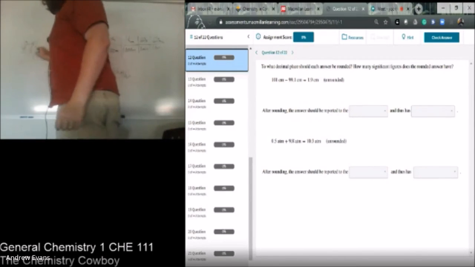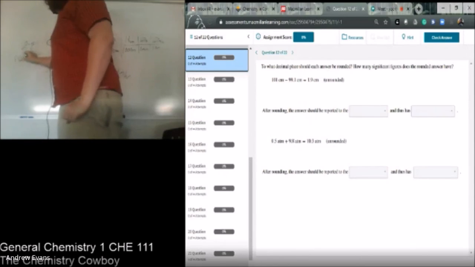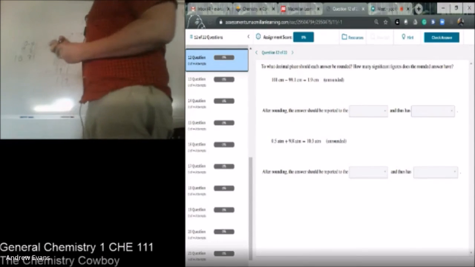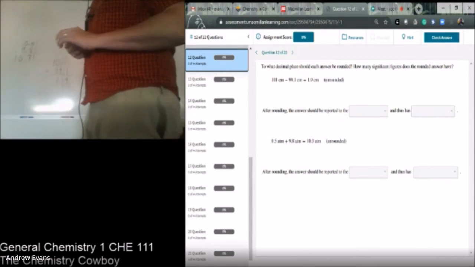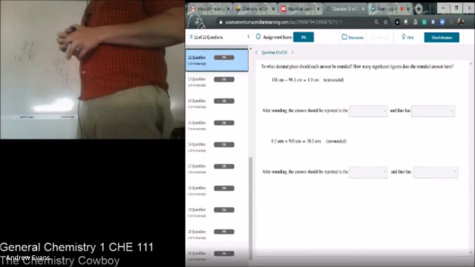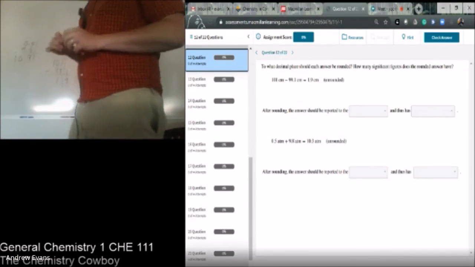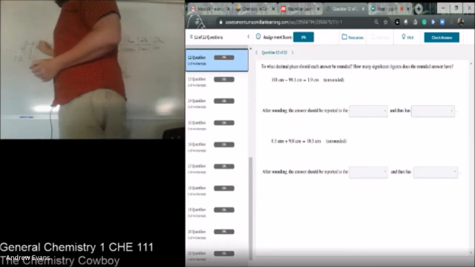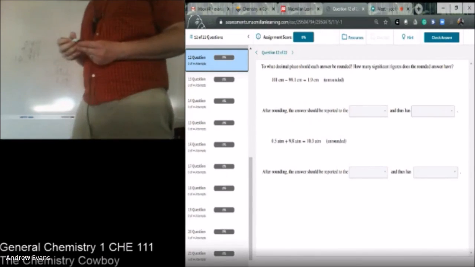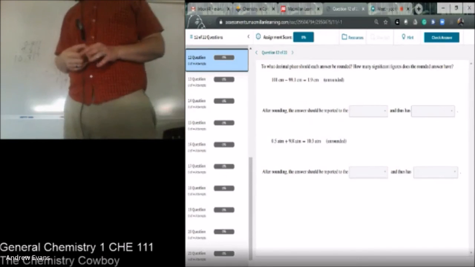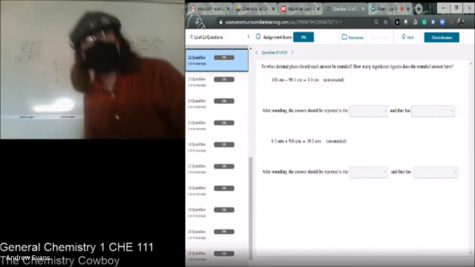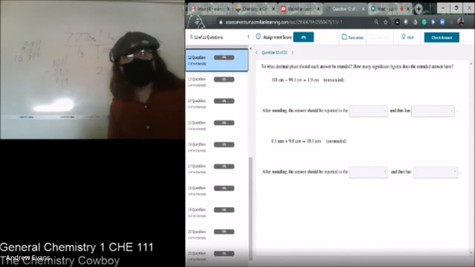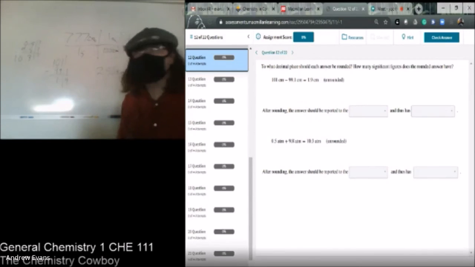Well, blessed be. All the numbers come before the line, so all the numbers are significant. This is a question mark, but so is this, so we don't even bother. So this would be rounded at the tenths place, and it would have 3 significant figures.